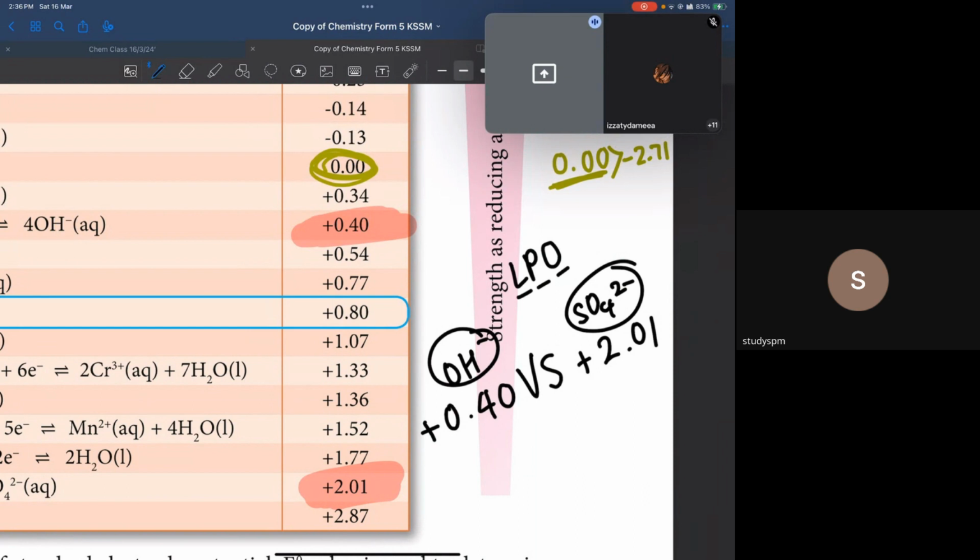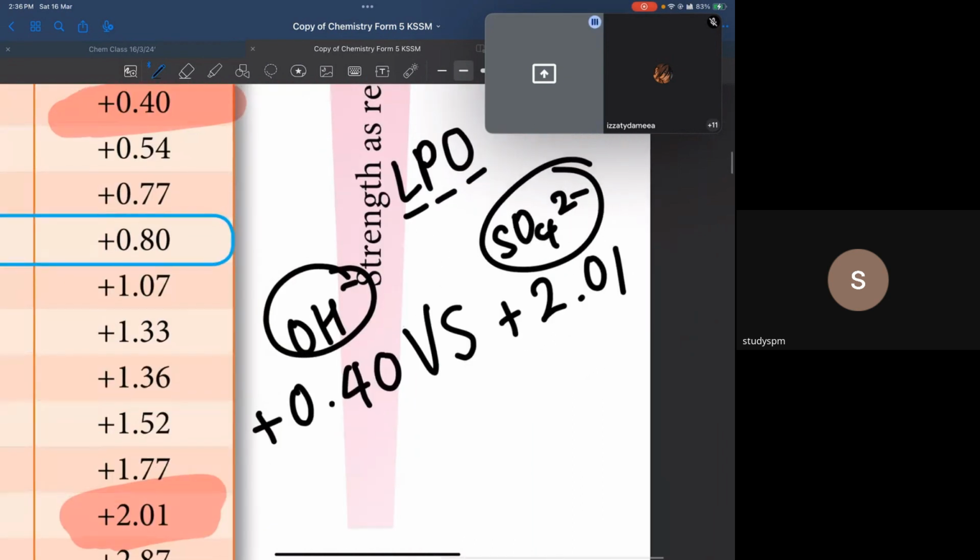Okay, let's see who's the winner. Which one is less positive? It's very obvious. 0.4 is less positive than 2.01 kan. If you cannot think which one is less positive, you just try to see which one is more close to 0.